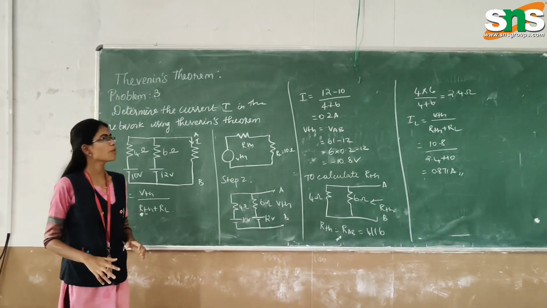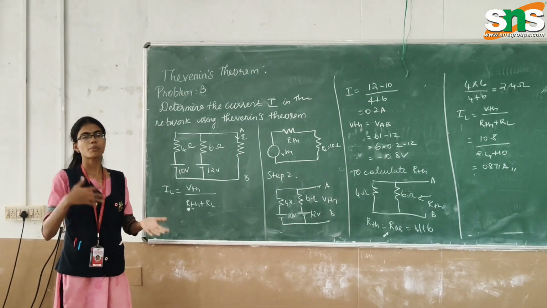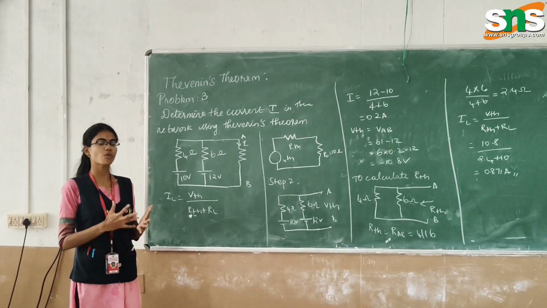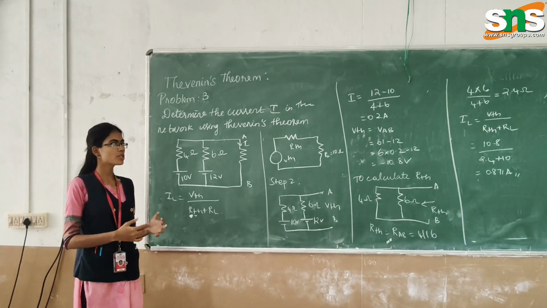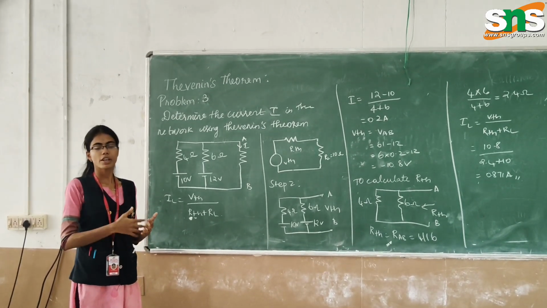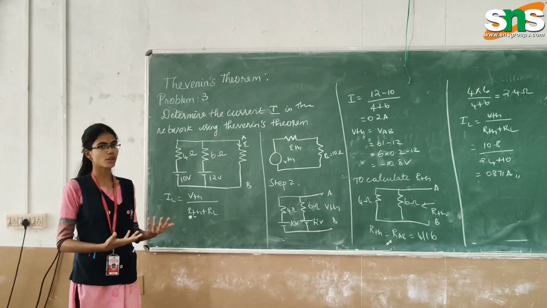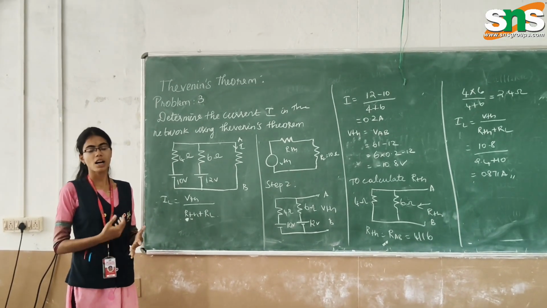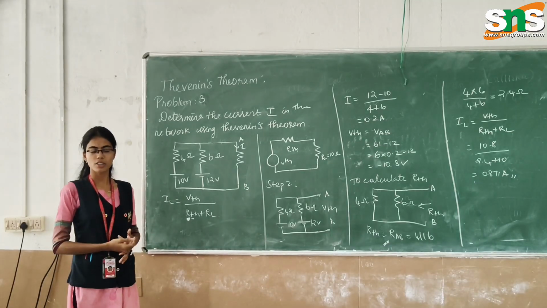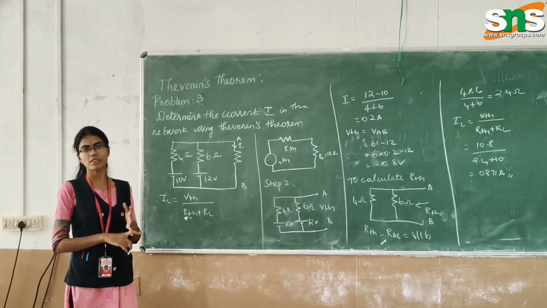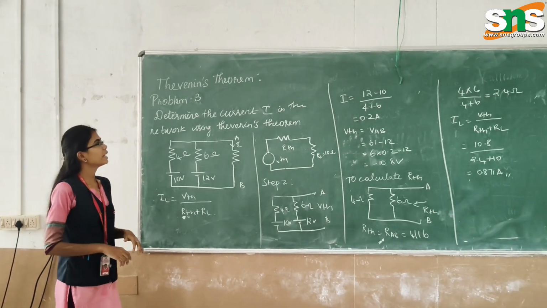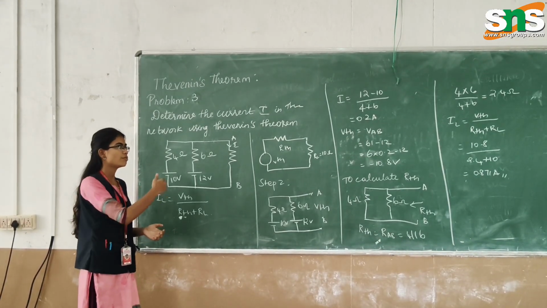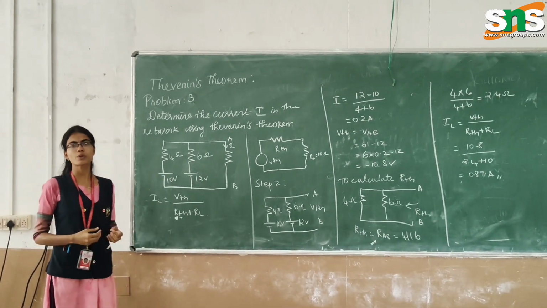So by solving this problem and the previous two problems, three problems in total, we have an understanding of what Thevenin's theorem is. We are using it in a number of applications. We use Thevenin's theorem in a lot of circuits to analyze the load current, Thevenin voltage, Thevenin resistance, load IL, PL, etc. Applying this theorem, we can analyze networks with two loops, four loops or n number of loops.